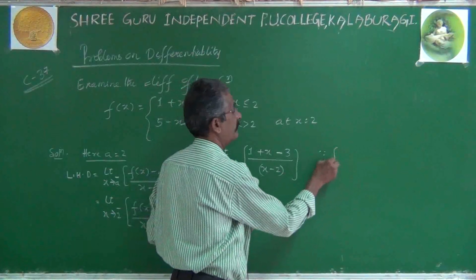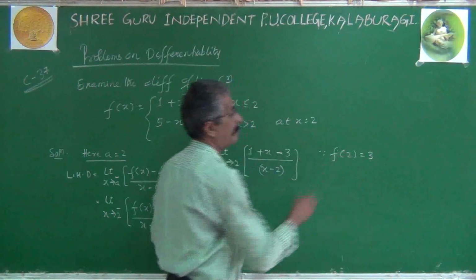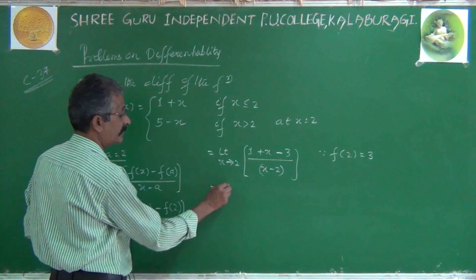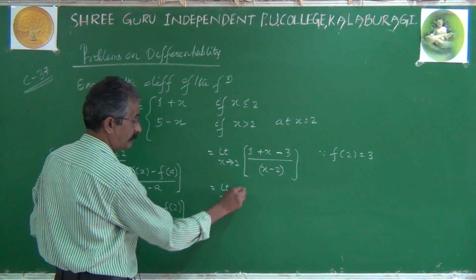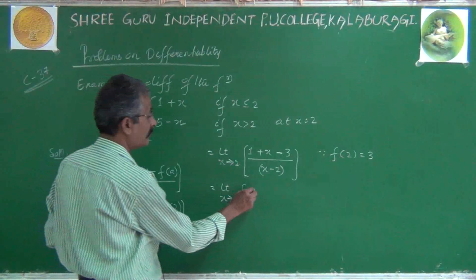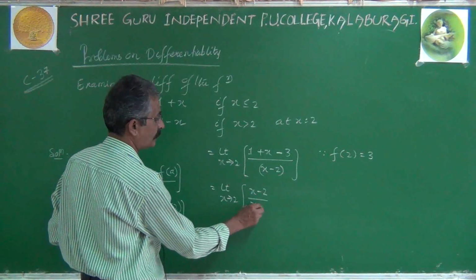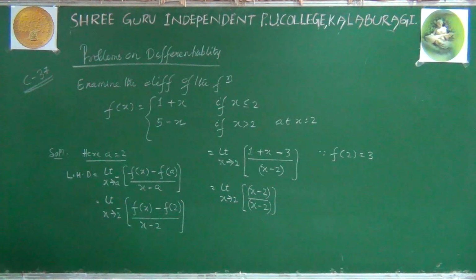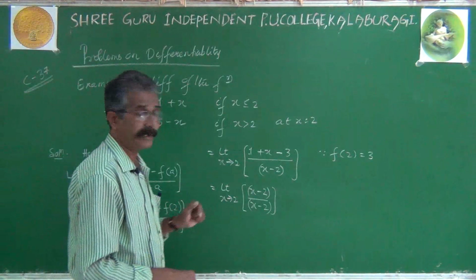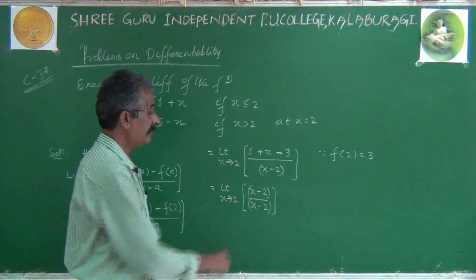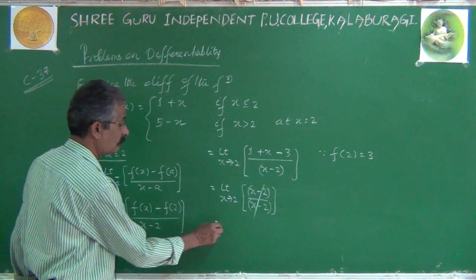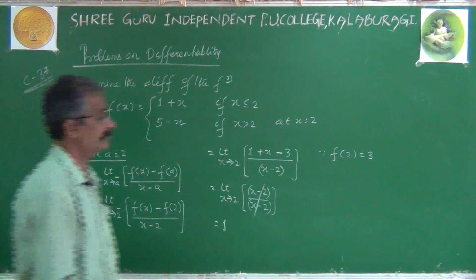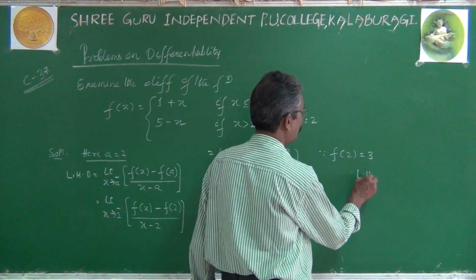Since f of 2 equals 3, that is the limit as x extends to 2 of x minus 1 minus 3, which is minus 2, so x minus 2 divided by x minus 2. Because x extends to 2, x is exactly not equal to 2, so it is eligible to cancel, leaving 1. So the left hand derivative value is 1. Therefore LHD equals 1.